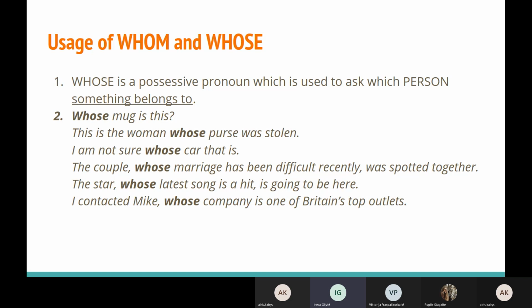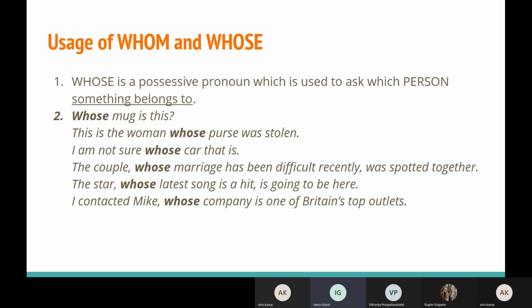This is the woman whose purse was stolen. So as you can see again from the examples, whose is used when we want to define something as belonging to some kind of a person. I contacted Mike, whose company is one of Britain's top outlets. It means that the company belongs to Mike, and so on. So I think it's pretty clear now.